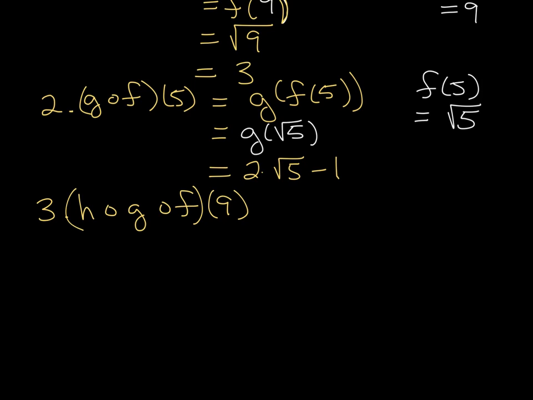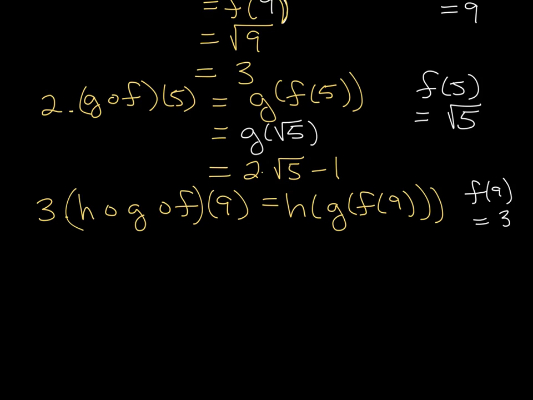So this is equivalent to h of g of f of 9, and so the first thing we do here is calculate f of 9. If we recall, f is the square root function, so this is equal to 3. And so we have h of g of 3.